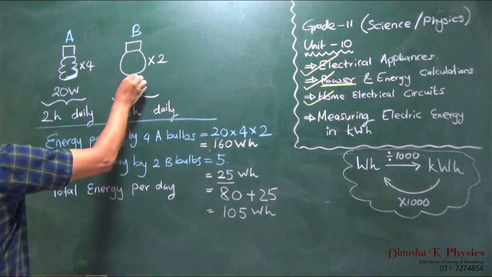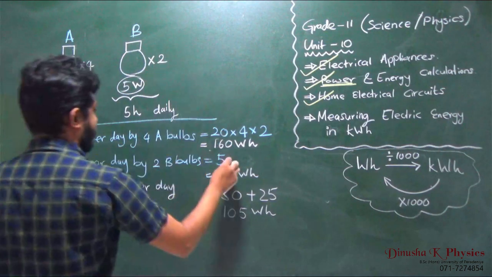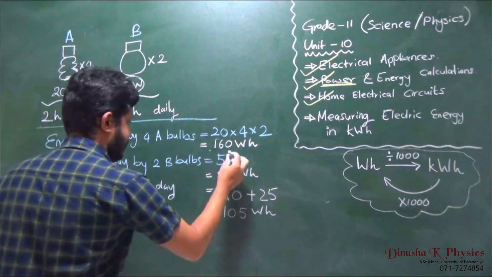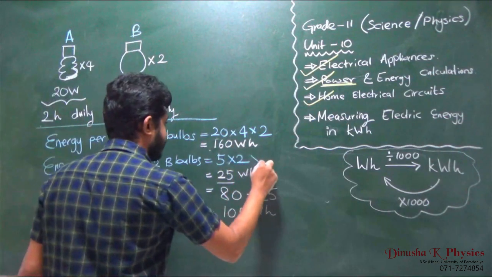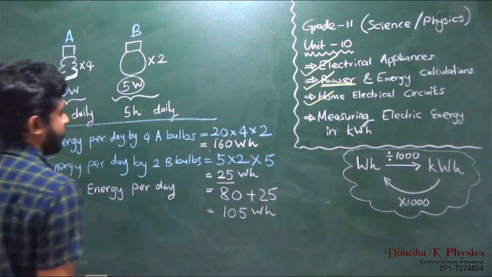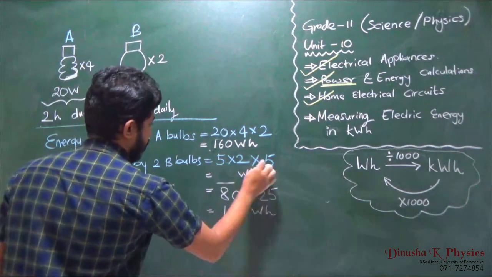Very sorry. Here also I made the same mistake. The value of one bulb is 5 watts and there are 2 such bulbs. So you have to first take the total power by multiplying by 2, and again multiply by 5 to take the total value. So here it will give you 50.